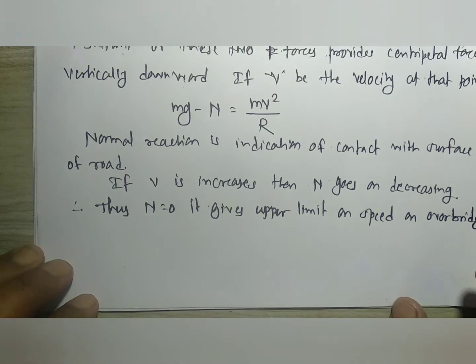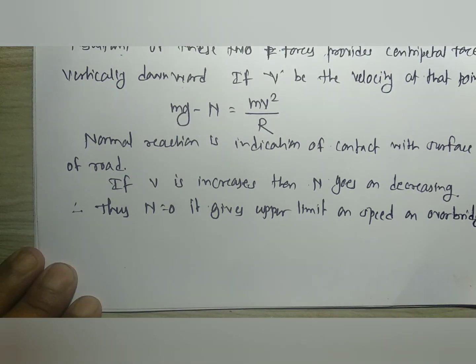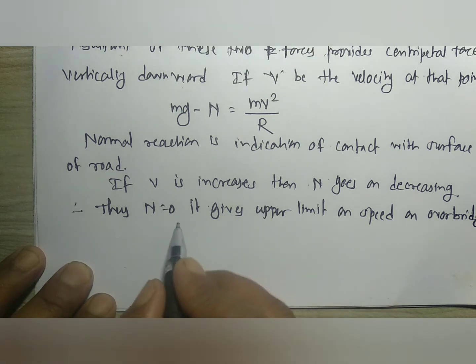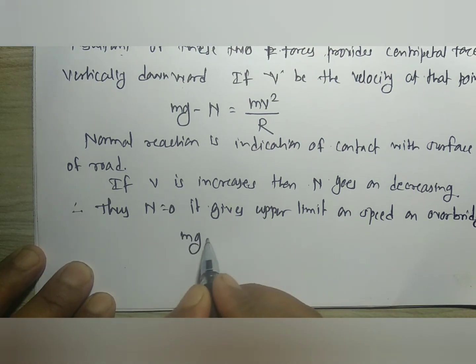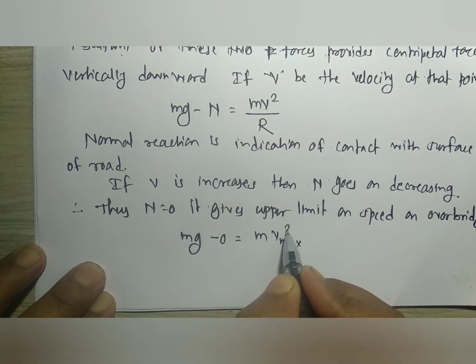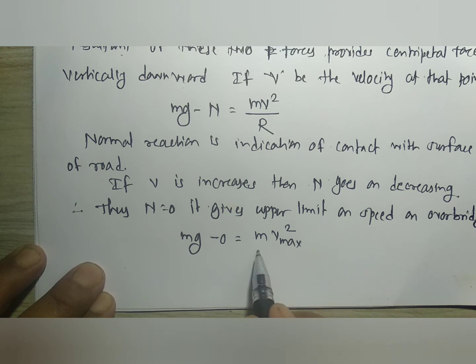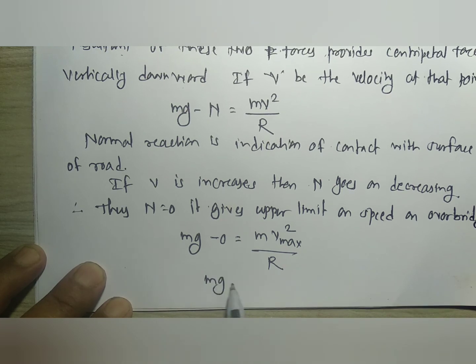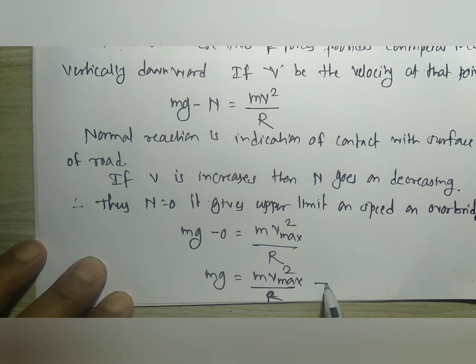It gives a consideration of N equal to 0, and therefore mg minus 0 is equal to mv max square divided by r, because right now velocity is maximum and r is the radius of that overbridge. Therefore mg is equal to mv max square divided by r, and we have to solve this.